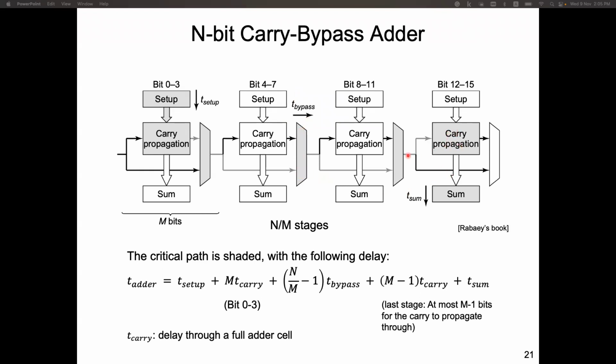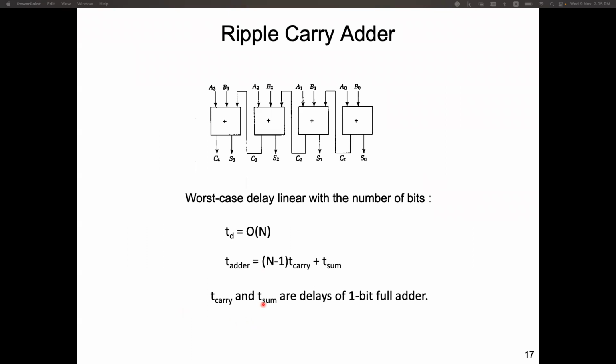And in the last stage, the carrier comes in, say this is 4-bit. You just treat it like a ripple carrier adder. For a ripple carrier adder, the delay is M-1 T carrier plus T sum. It's M-1 because if we don't care about C4, the carrier just propagates through 3 stages, except the last stage.